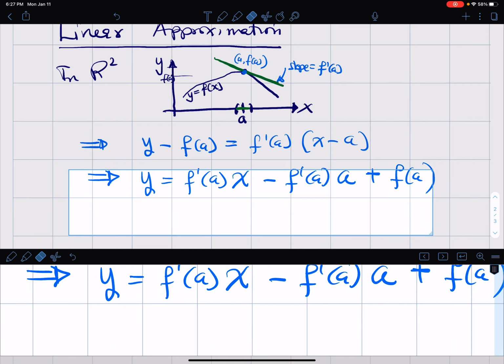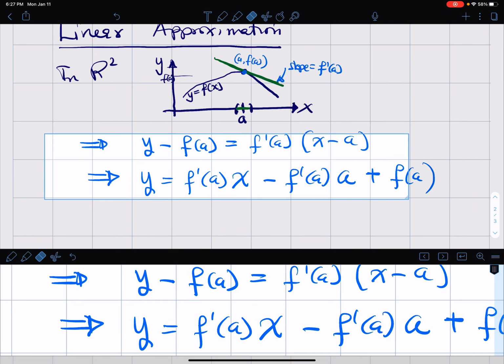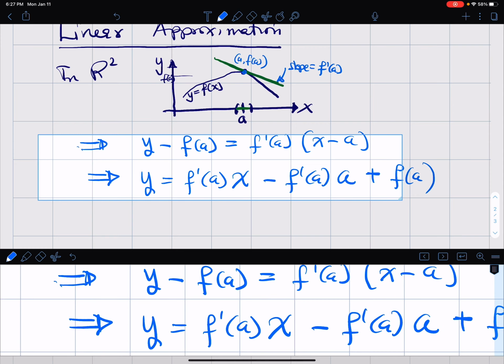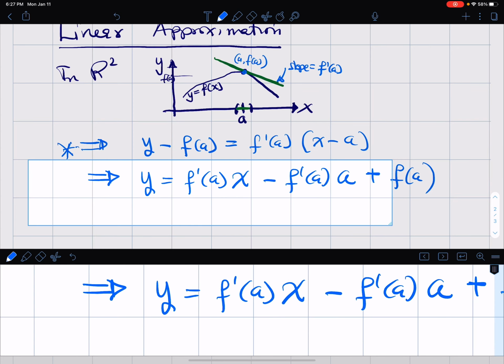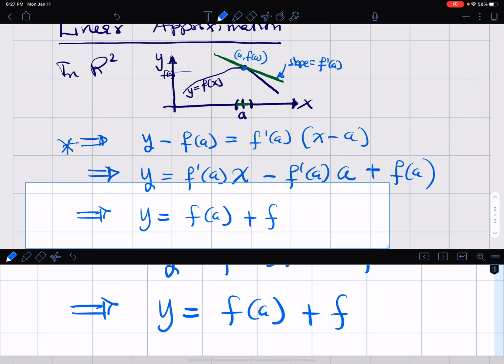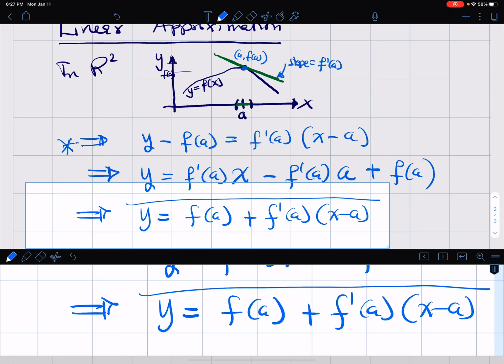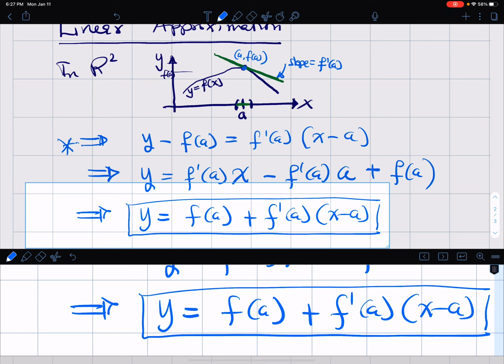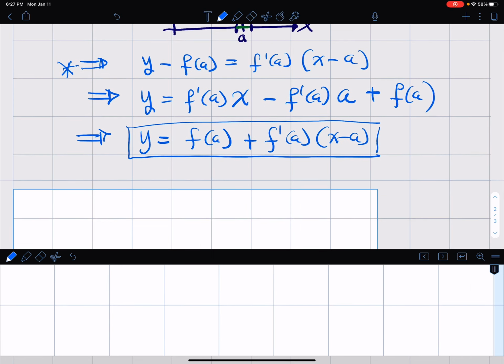You can just go from here. This is just y is equal to f of A plus f prime at A times x minus A. All right, so this is cleaner to use.